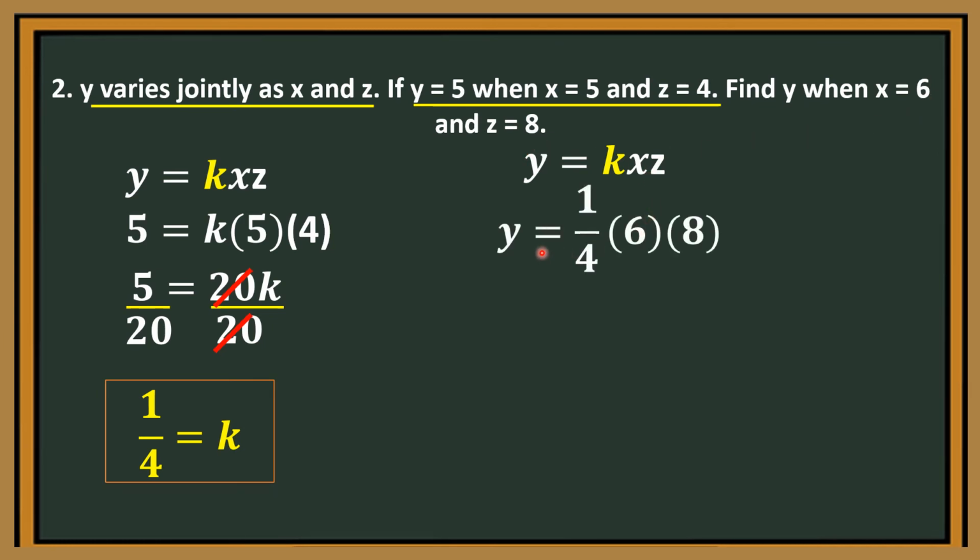So we will have now y is equal to 1/4 times 6 times 8. Then we can cancel 4 and 8 since 8 is divisible by 4. Then 8 divided by 4, that is 2. 4 divided by 4, that is 1. Then multiply the 3. 1 times 6 times 2, that is 12. Divided by 1, that is 12. Therefore, y is equal to 12.